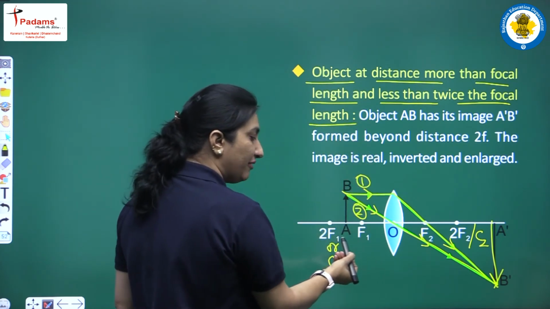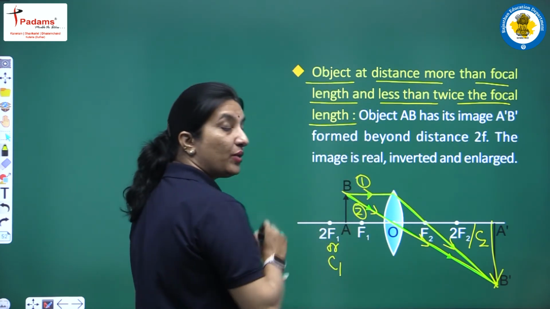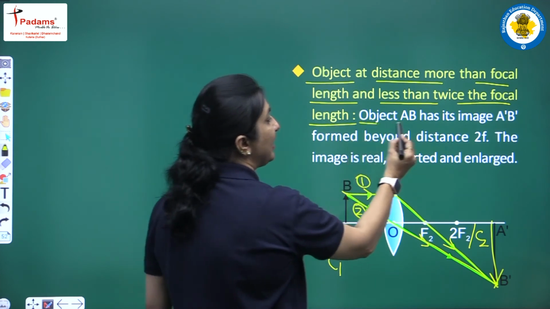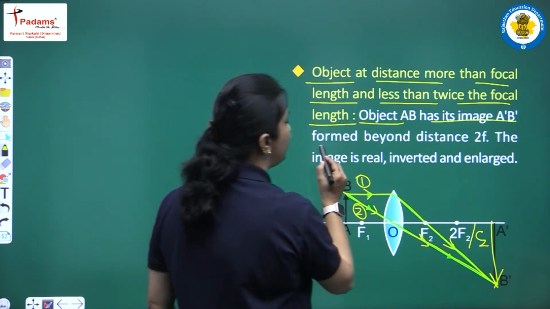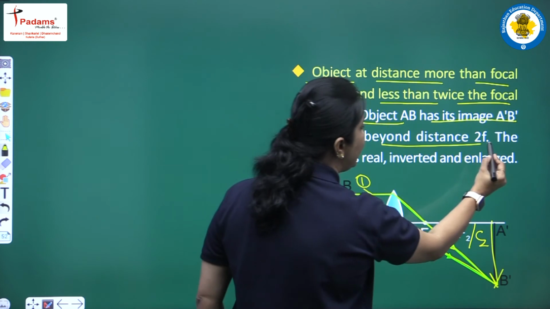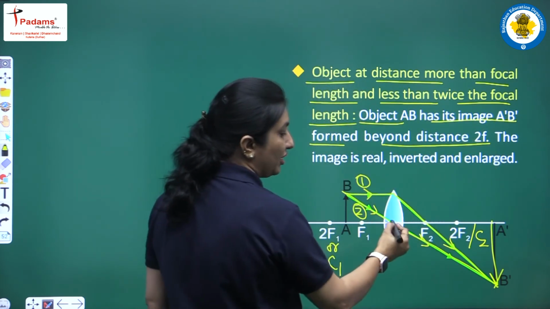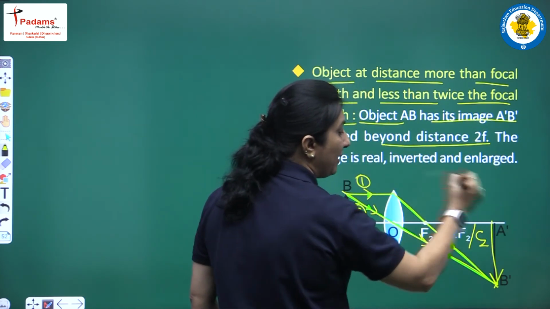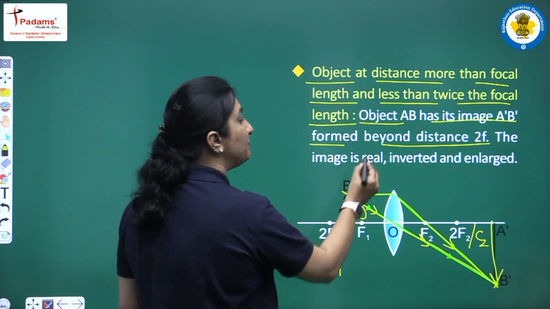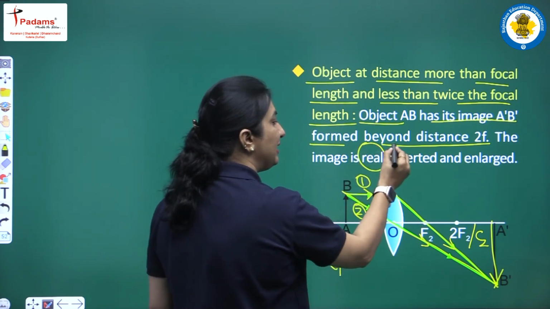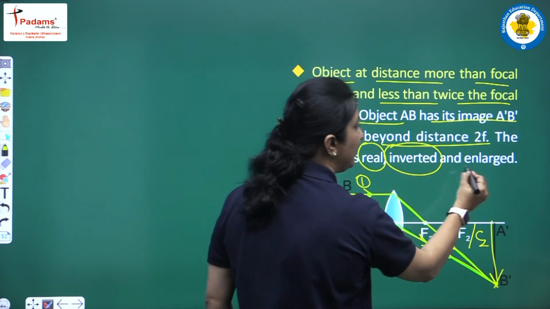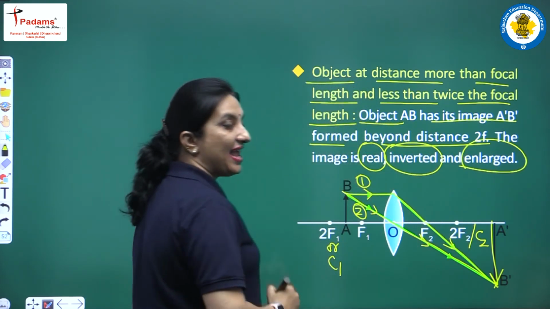The object AB has its image A dash B dash formed beyond distance 2f. Beyond 2f distance image formation happens. The image is real, inverted and enlarged.